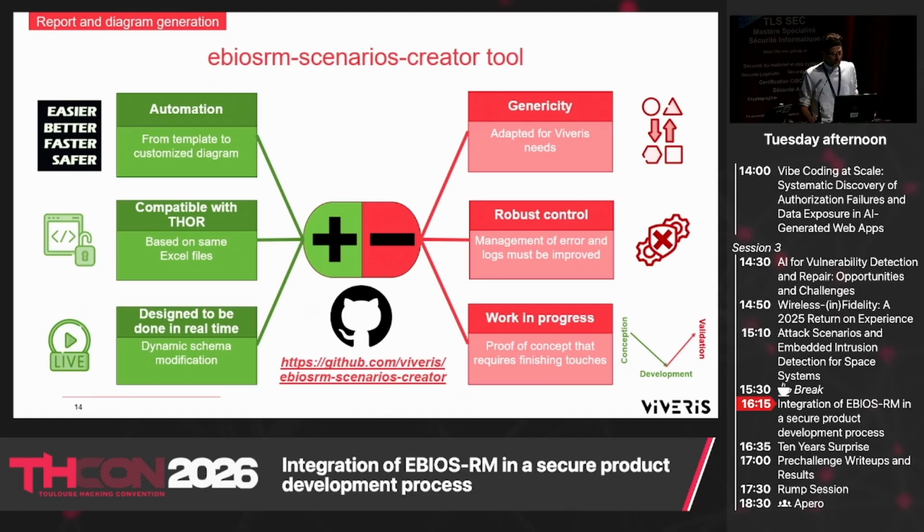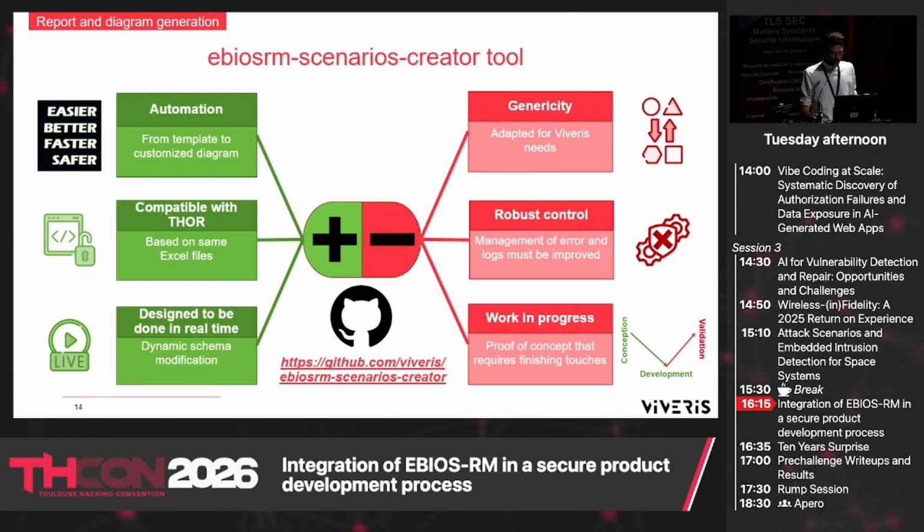Then it's compatible with Thor because it's based on the same Excel files completed during workshops. And it's designed to be used in real time because it's easier to edit the grammar file like in the demonstration than to construct the diagram live with PowerPoint or Draw.io.